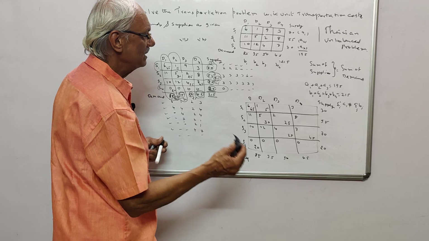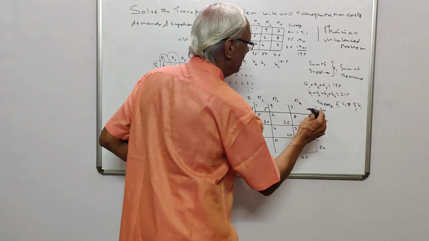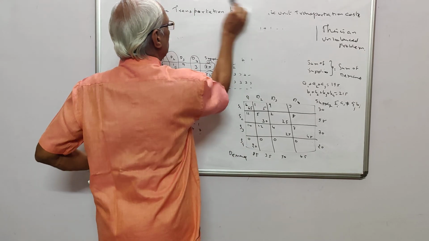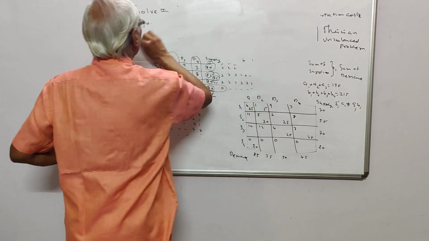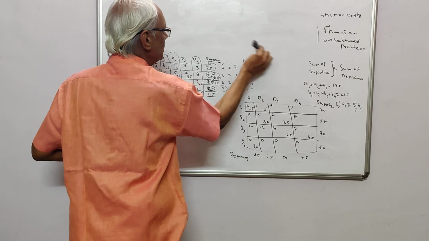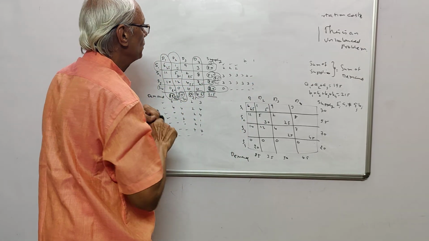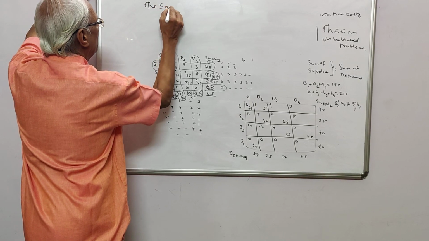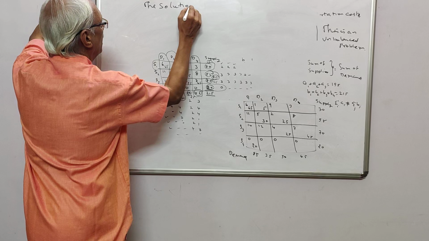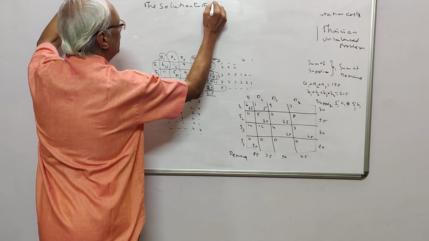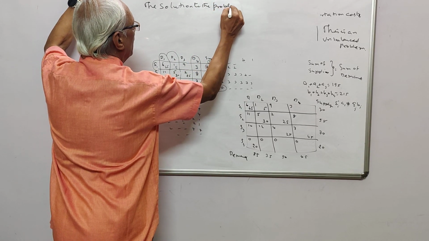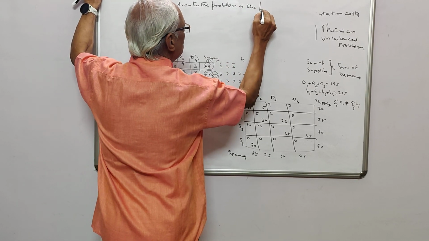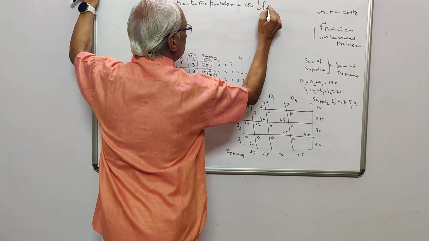I will write here, I'll rub off this. See the solution. So what is the solution that you write? The solution to the problem is the BFS, basic feasible solution.